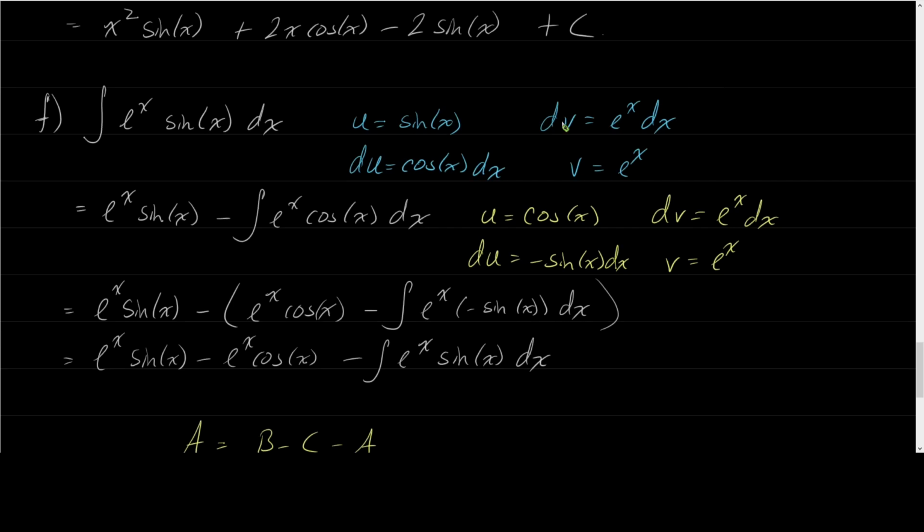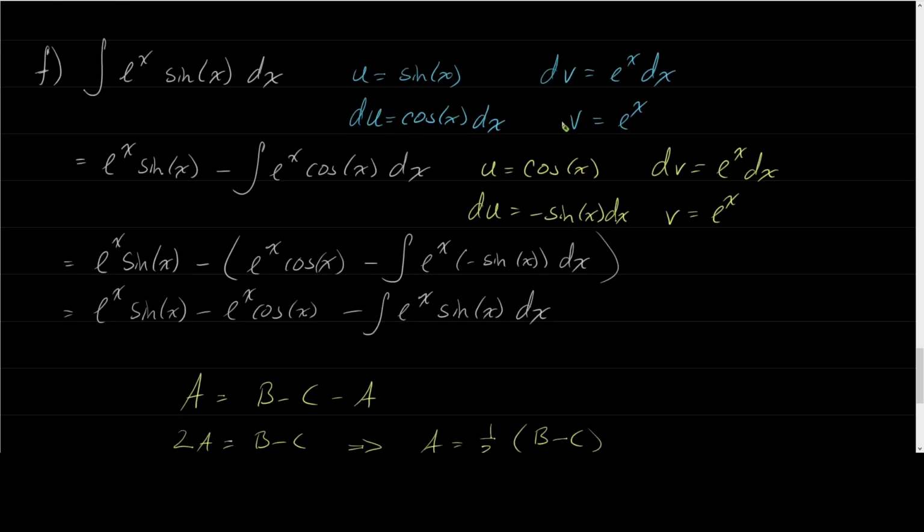Because when we have this kind of integral where they've got cyclical derivatives, and again that's not an official term, that's just my own personal term, it doesn't really matter which one u is and which one dv is.